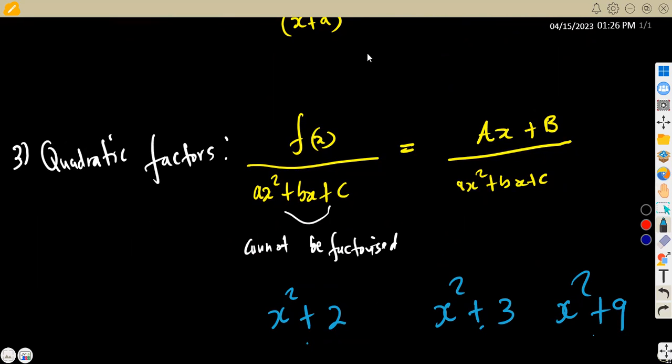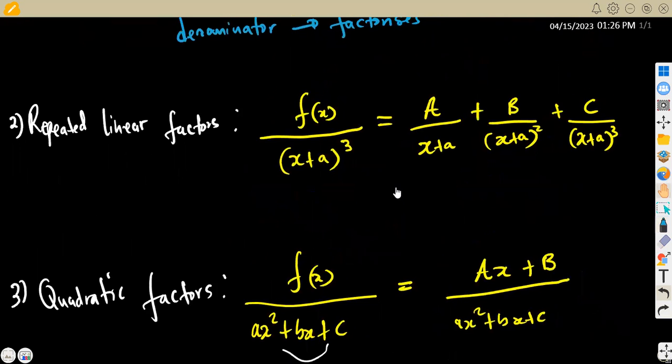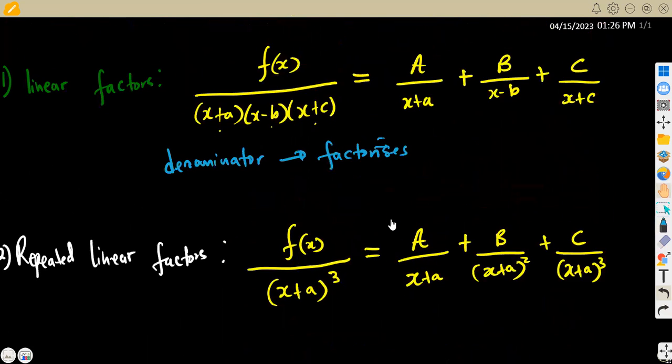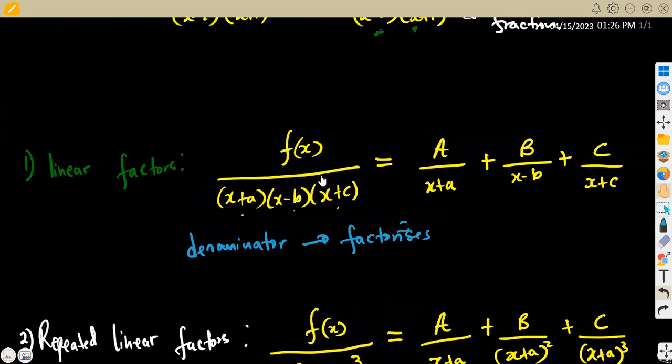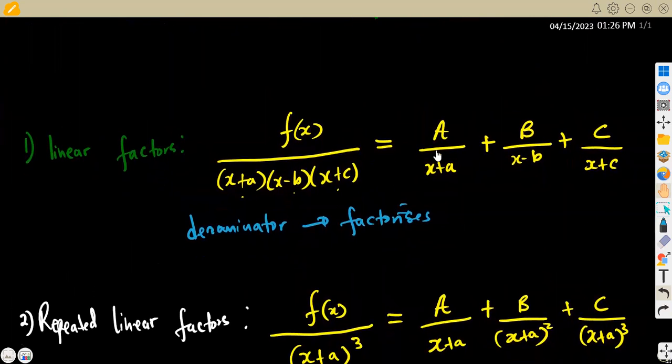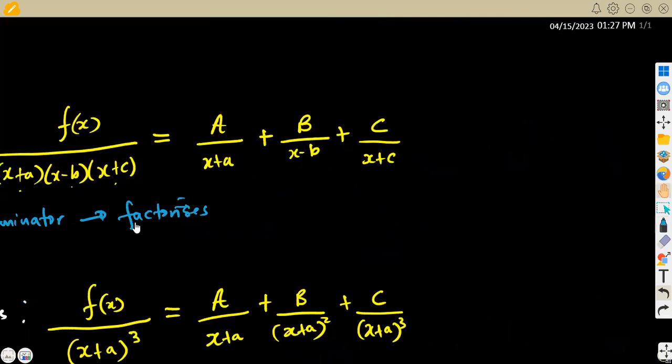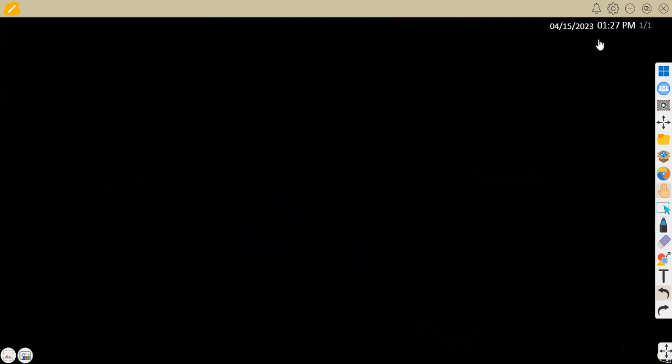So let us have these into separate examples, starting with the linear factors, repeated linear, and so forth. We saw that under linear factors, f of x is equivalent to A over x plus a, B over x minus b, plus C over x plus c. Let's say we are asked to resolve into partial fractions the following.